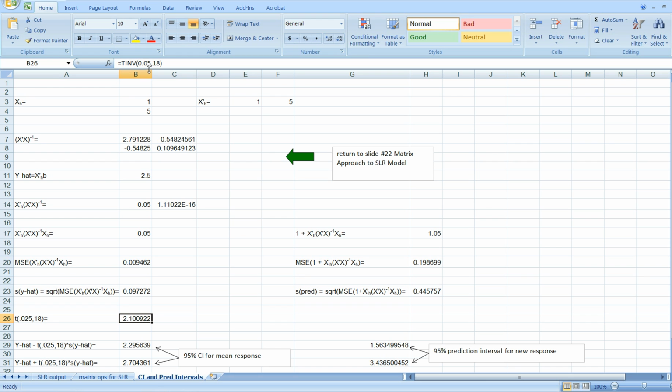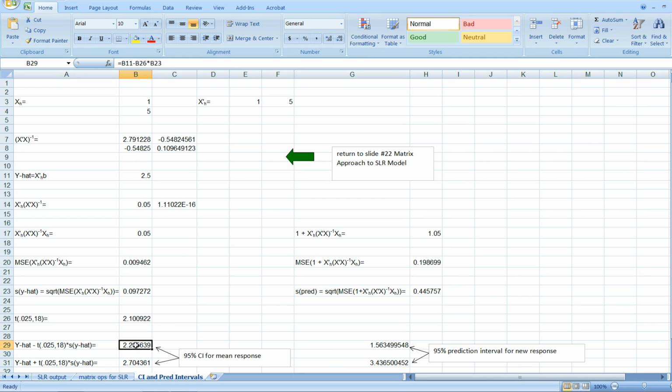So that's why you have the 0.05. Again, the t inverse function works differently than the norm inverse function, works differently than the chi inverse function in Excel. So don't get confused by that, but do buckle down and go to the help menu if you have to in Excel to understand how the t inverse function works. It caught my eye, and I just wanted to share that with you.